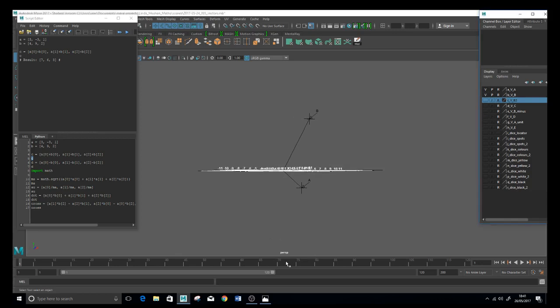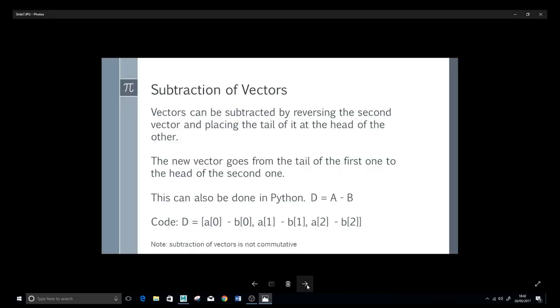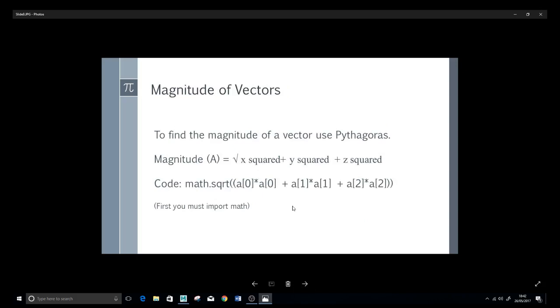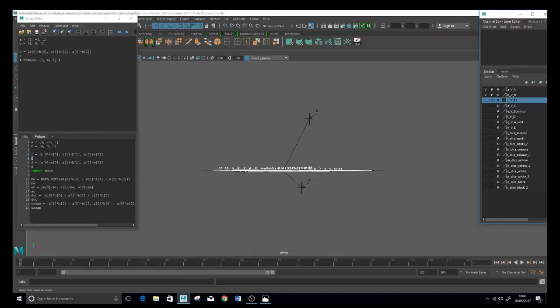Okay, so next up now we are going to try and get the length or the magnitude of a vector. We use Pythagoras' theorem, which as we know is the square root of the various coordinates squared. In code, we're going to get the square root of the first term squared, A0 by A0, second term squared, third term squared. First of all, we import math, so let's just first of all actually maybe subtract.